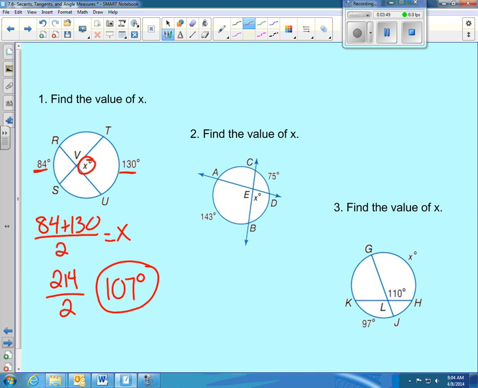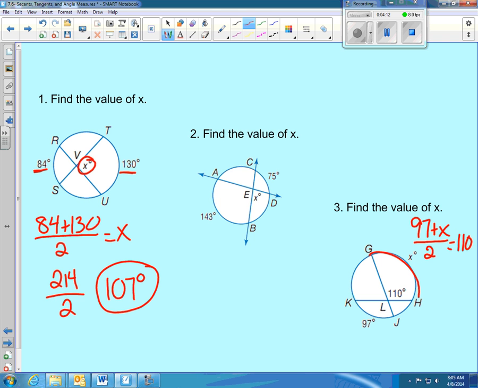Now let's look at our next one. This problem is a little different. We're going to do problem 3 first. Problem 3, we have our two arcs, but one of them we don't know the measure, so that's x. So we're going to take our 97 plus x, and we are going to divide that by 2. That equals our angle that we've got here.